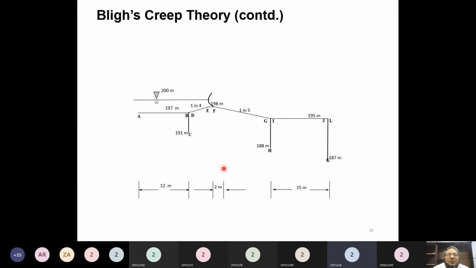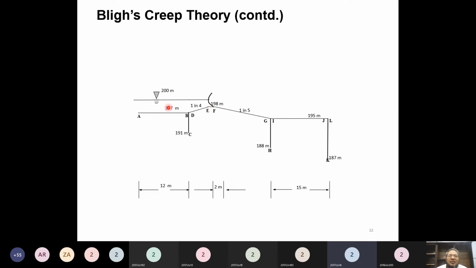Suppose they say to find the uplift pressure at point E, how do we find it? First of all, we have to find the head loss up to point E. How will head loss be found?